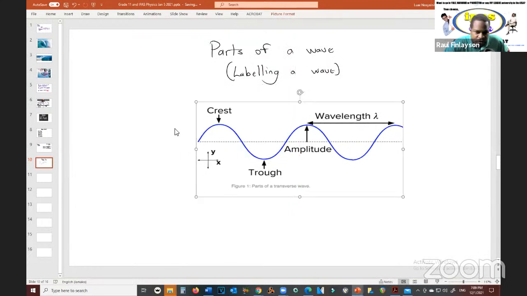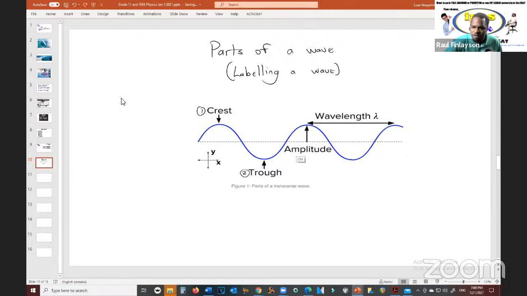So guys, this is what we mean when we say you should be able to label a wave. Looking at this diagram, you're seeing various names used to describe parts of the wave, and let's just start to identify them by number. That's one, that's called a crest here. 2 is a trough, and let's label 3. This would be the amplitude.